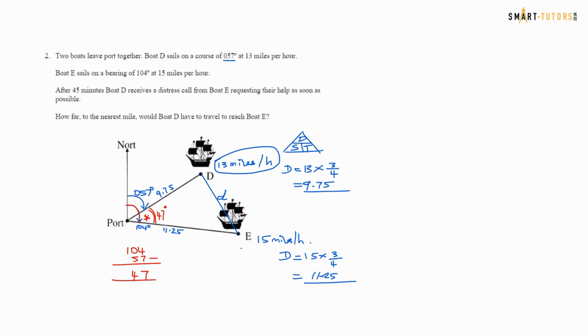Let me write the sine rule for you. a over sine A equals b over sine B. That's more than enough for the sine rule. The next one is a squared equals b squared plus c squared minus 2bc cos A. This is the cosine rule, right?